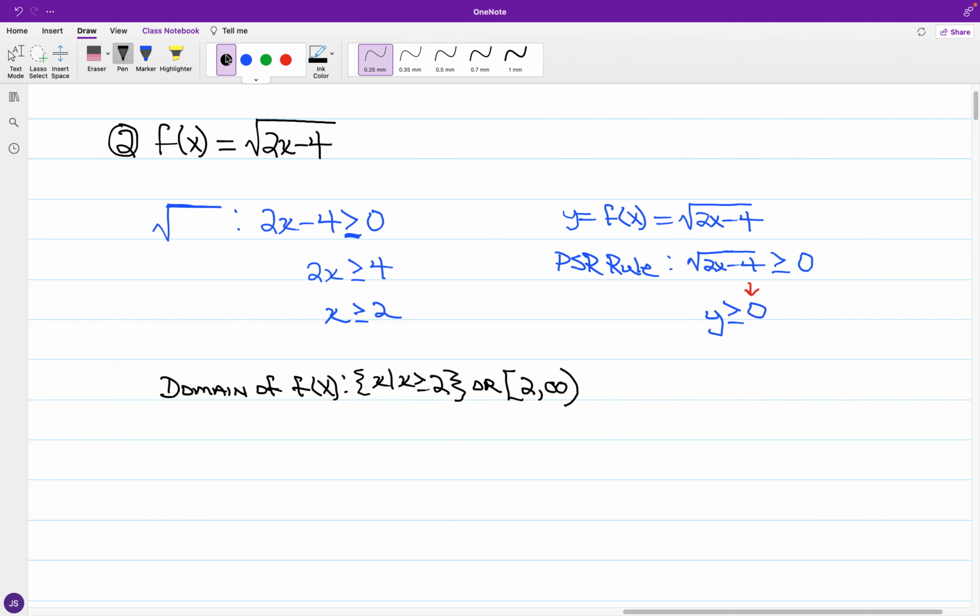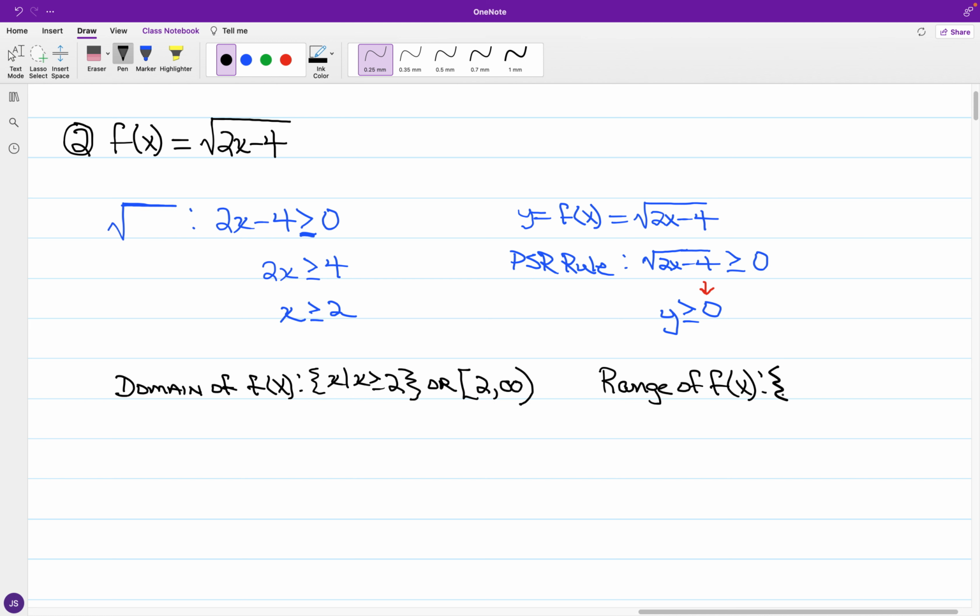And so for the range of f of x, we're looking at the set of all values of y whereupon y is greater than or equal to 0.